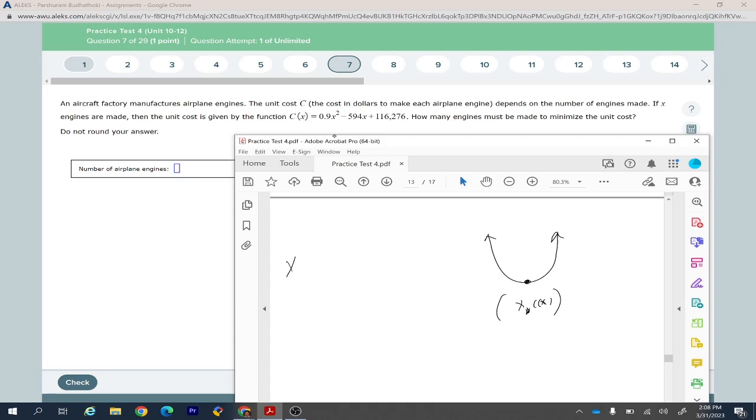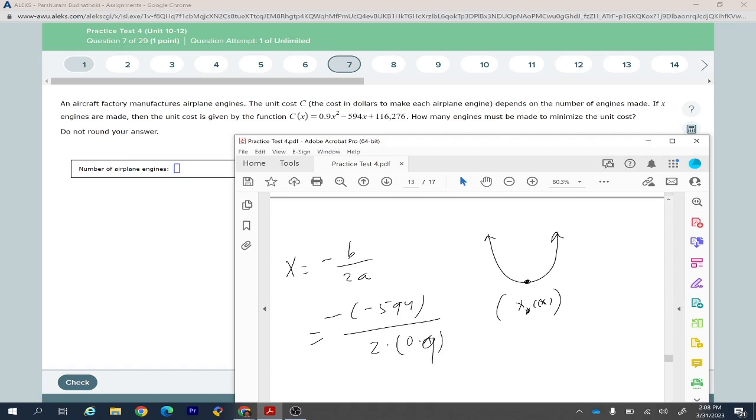So in this case, to find the x, there is a formula for finding the x coordinate of the vertex, -b over 2a. In this case, b itself is -594. 2 times a is 0.9.